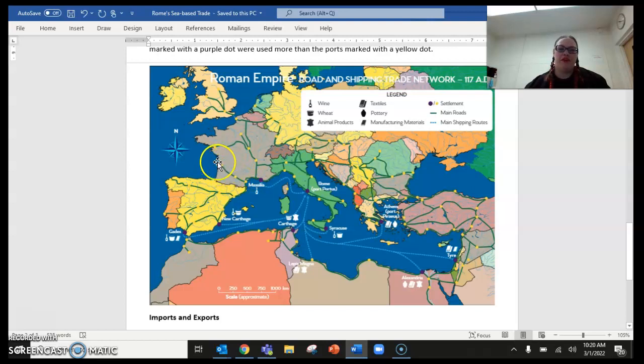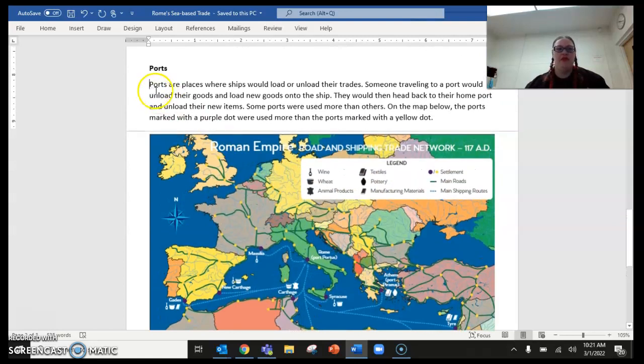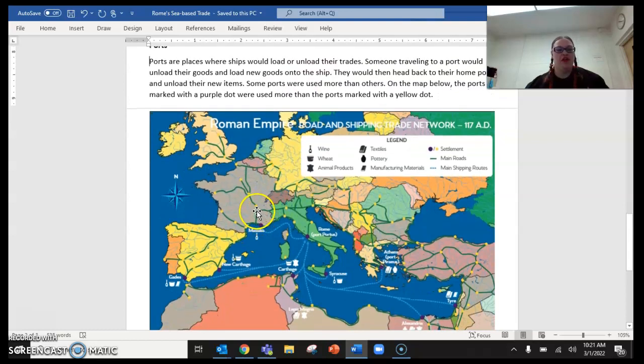And then we have ports marked with yellow dots, and those don't have names. But wait a minute, is this right here in the middle considered a port? I don't know, let's go back to our definition. Ports are places where ships would load or unload their trade. So are these yellow dots ports? No, they're not.